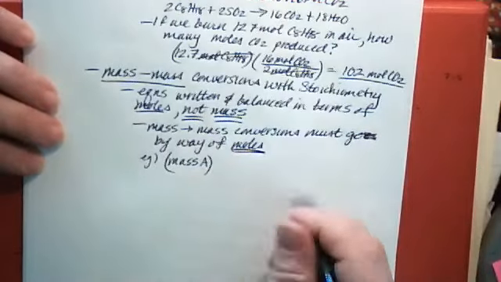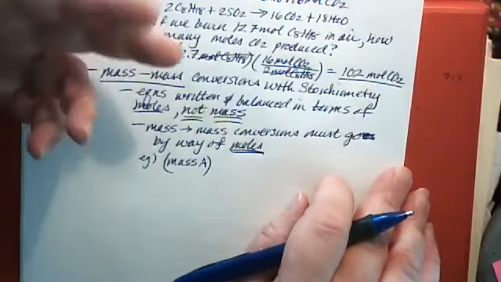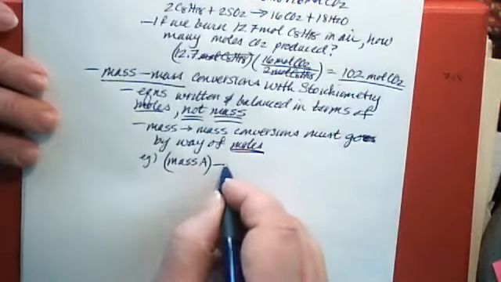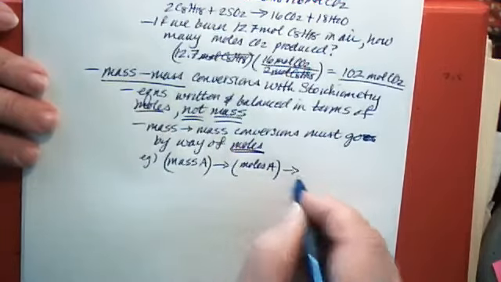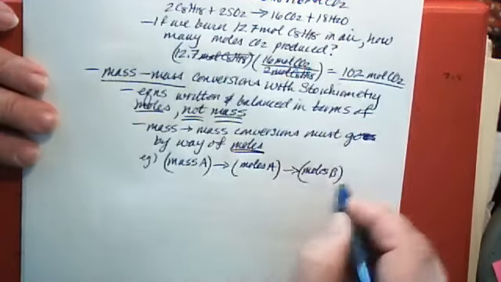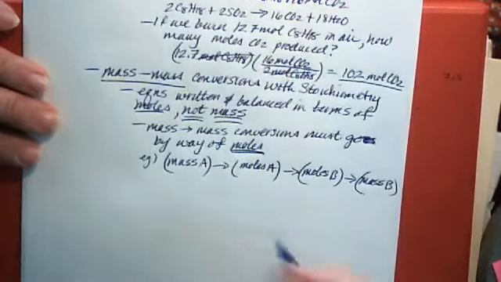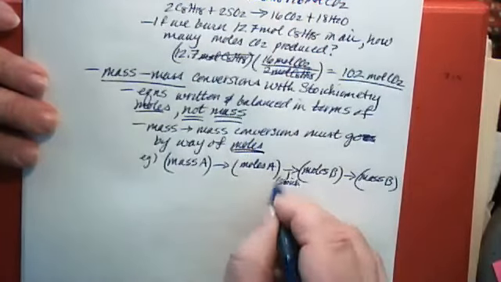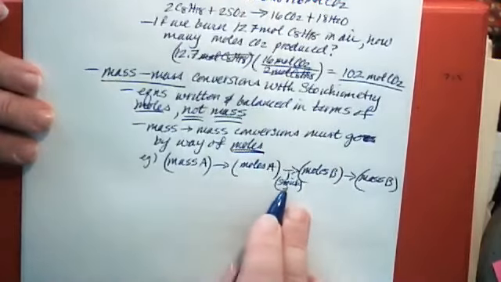So for instance, if you're asked, you put in so many grams of compound A into the reaction, how much of product B results? Well, you first have to take mass of A and change to moles of A. Then you can change to moles of B. Then you can change to mass of B. And this middle step here, this is where the stoichiometry of the balanced equation comes in.